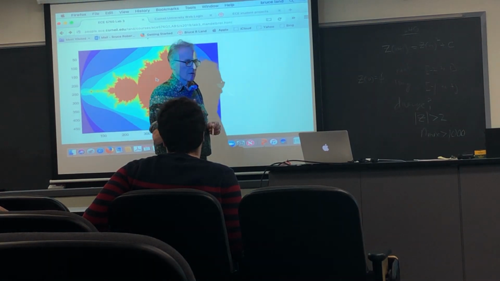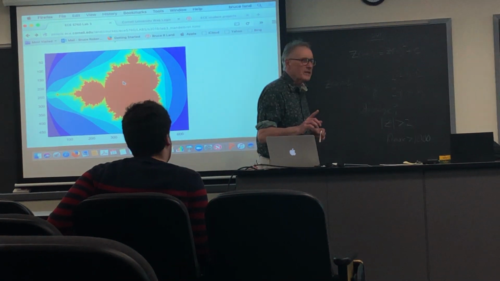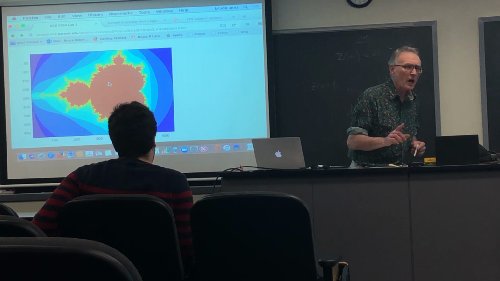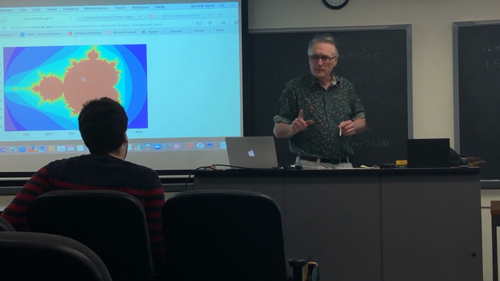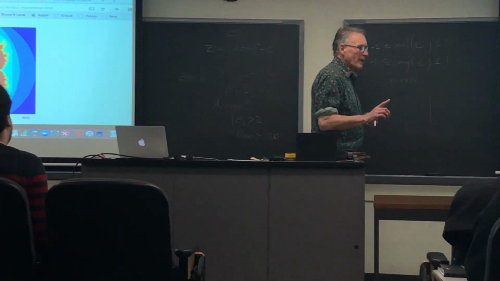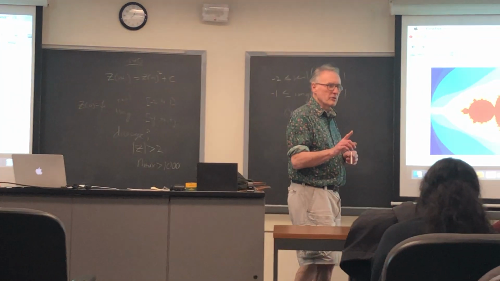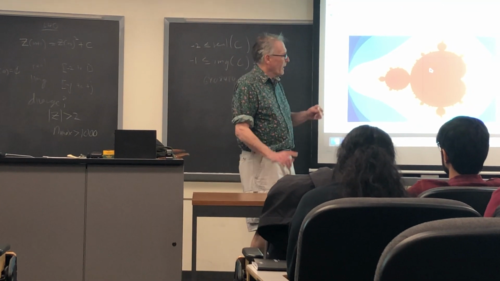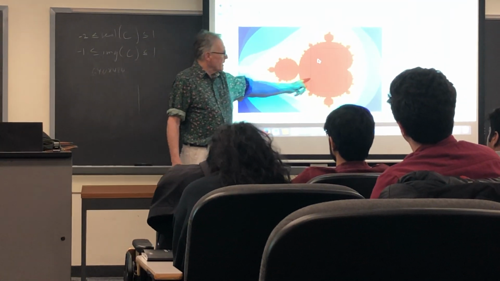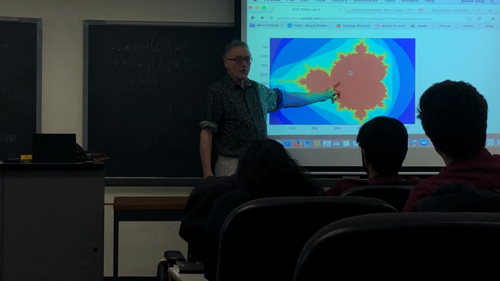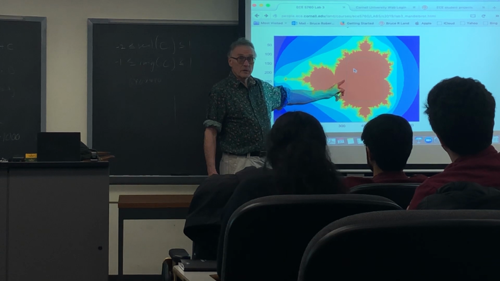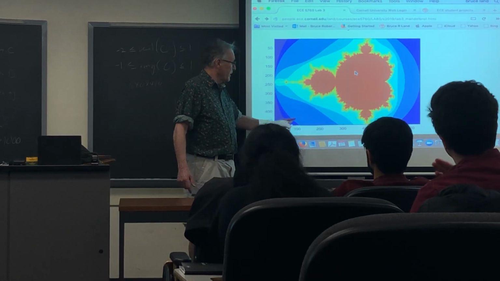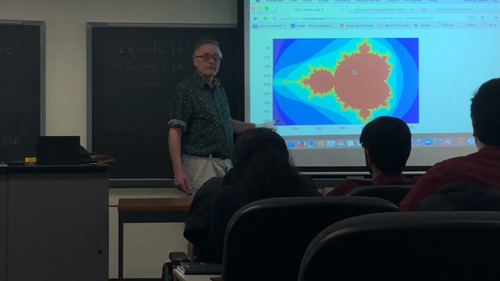The interesting part comes in that each different point takes a different amount of time to compute. Unlike the DRAM, where each point took exactly the same number of cycles to compute. Here, if you just iterate it, you're going to take 1,000 iterations before you stop. Here, you're going to take 1.